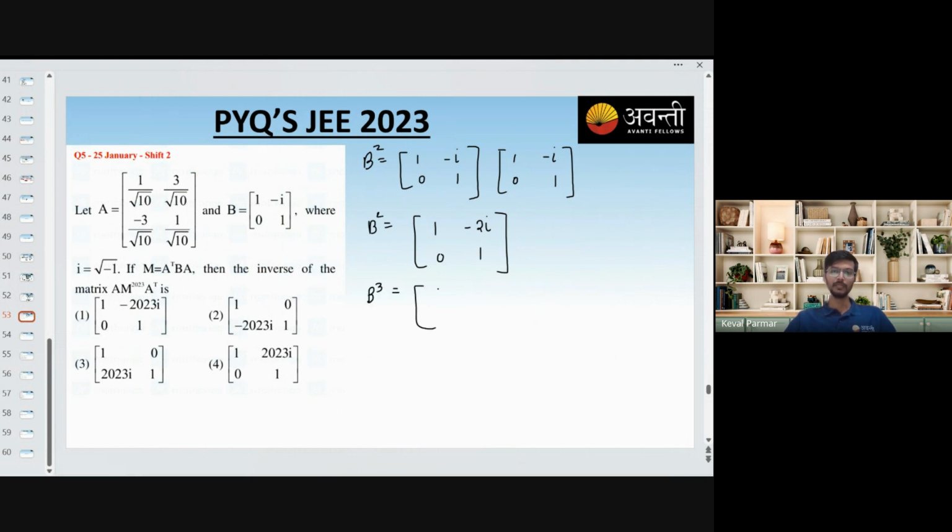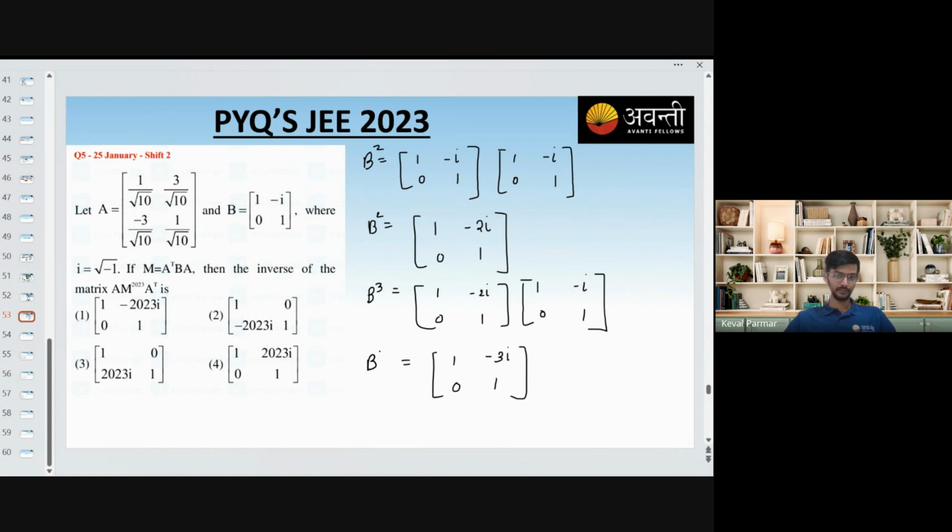B cube will be B square into B, 1 minus 2I, 0 1, times 1 minus I, 0 1. That will be equal to 1 plus 0, 1, minus I minus 2I, minus 3I, 0 0 0, 0 plus 1 1.